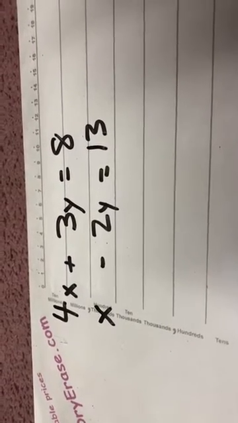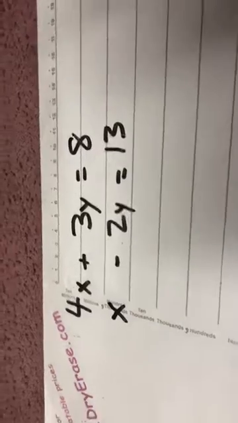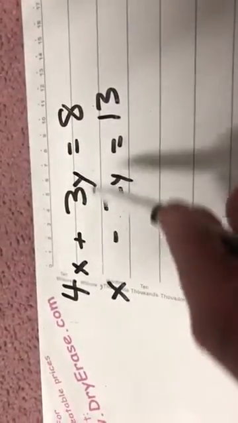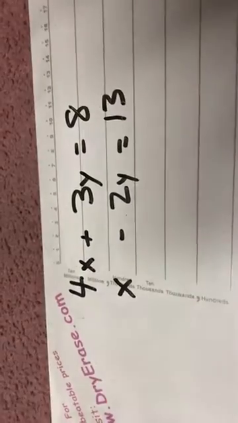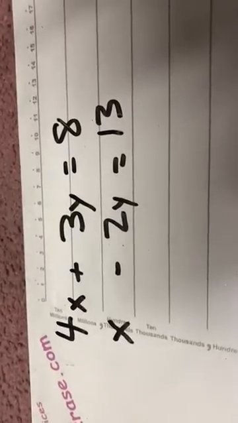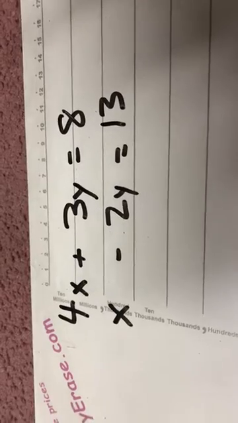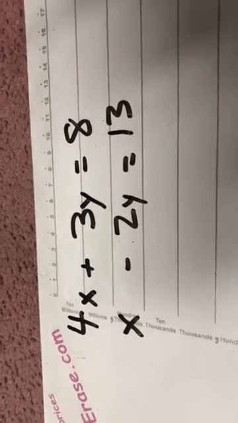Solve the linear system by multiplying first and eliminating. So here's our linear system. 4x plus 3y equals 8, x minus 2y equals 13. And your work is going to need to show evidence that you understand the multiplication method.